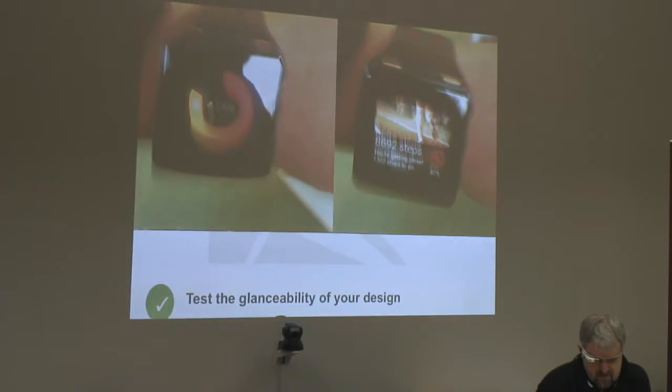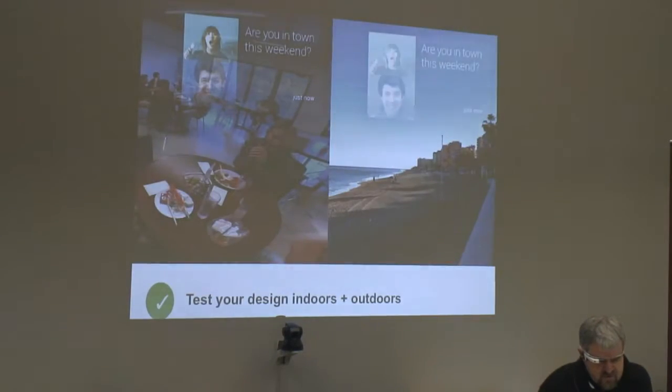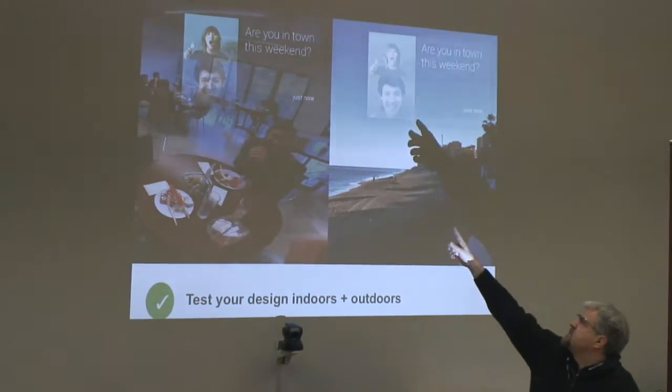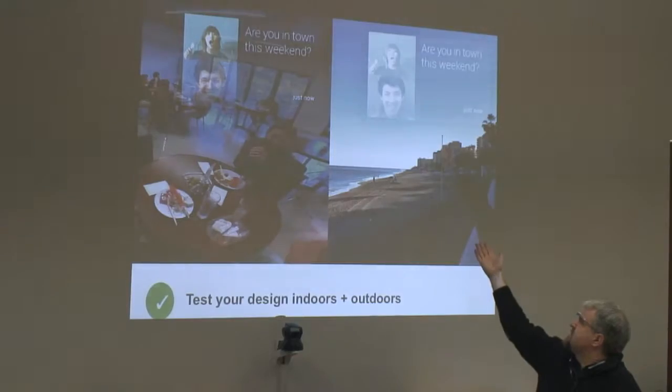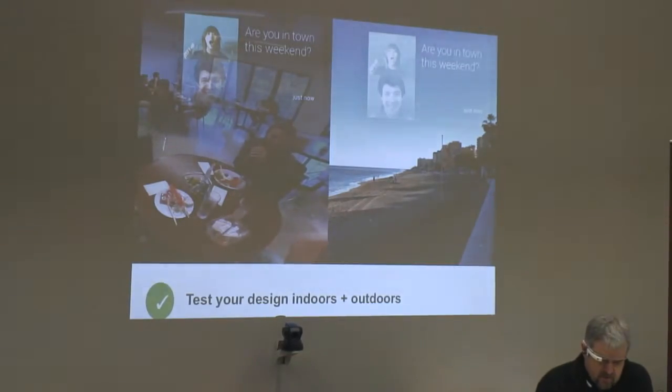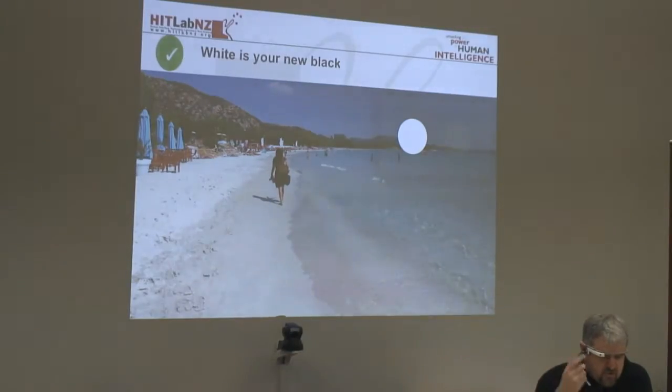It's also important to test your design indoors and outdoors. So here's indoors, you have to make sure you can see. Here's outdoors, so you can make sure you can see the background clearly. Because with Glass, when you show something on black, it becomes transparent. So white is like your new black.